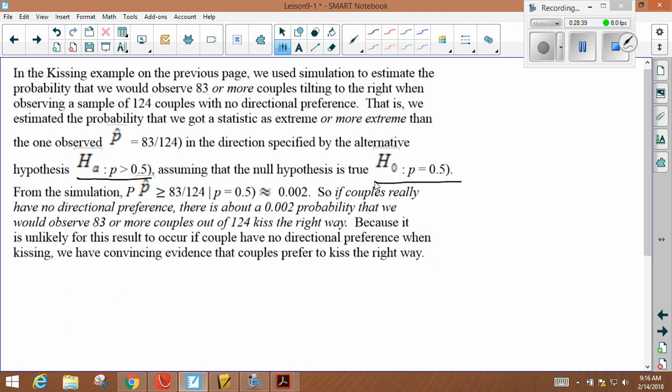All right, just using it for different cases, different scenarios, different data sets. We're starting off by doing it for proportions. We're going to be able to do it for sample means. We're going to be able to do it when we're comparing two sample means. We're going to be able to do it when we're comparing two distributions to see if indeed they are alike as they should be.